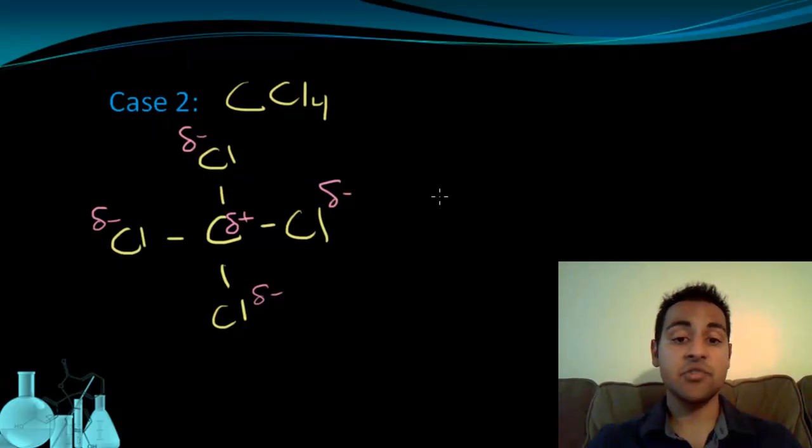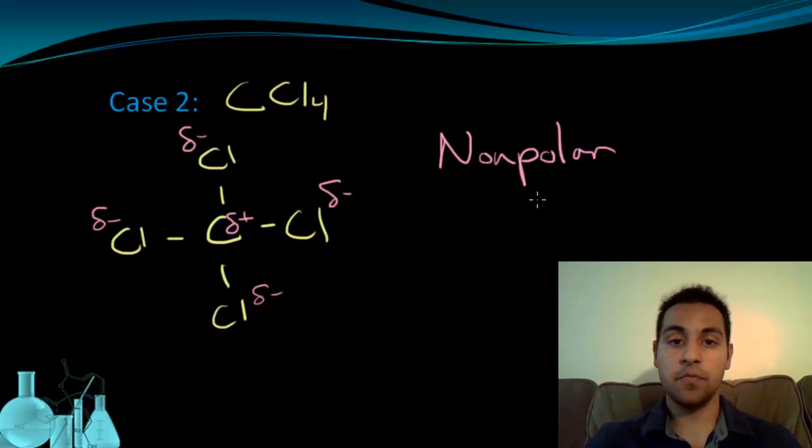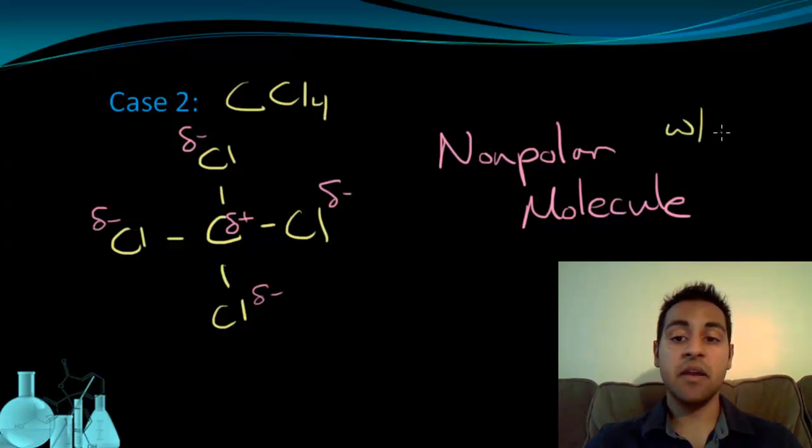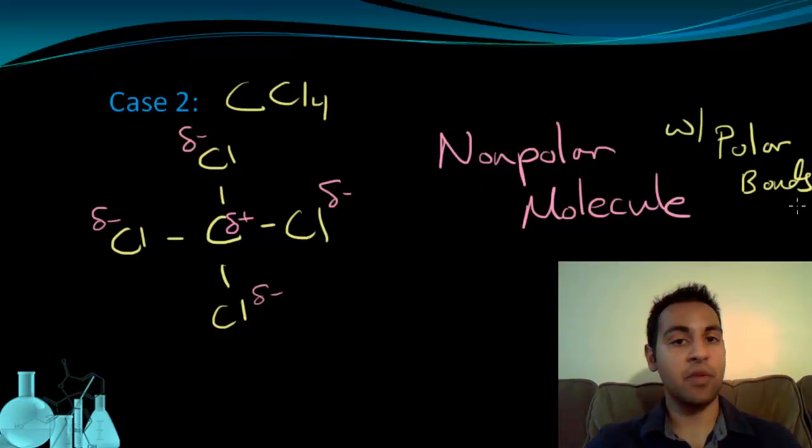This perfect symmetry results in what we call a nonpolar molecule. And this particular nonpolar molecule is made up with all polar bonds. So this is a case of a nonpolar molecule that's made up entirely of polar bonds.